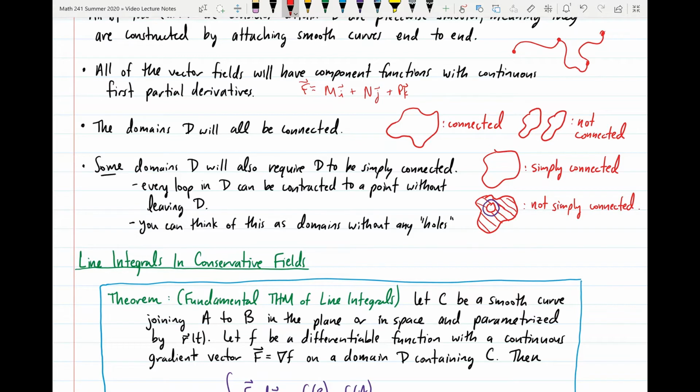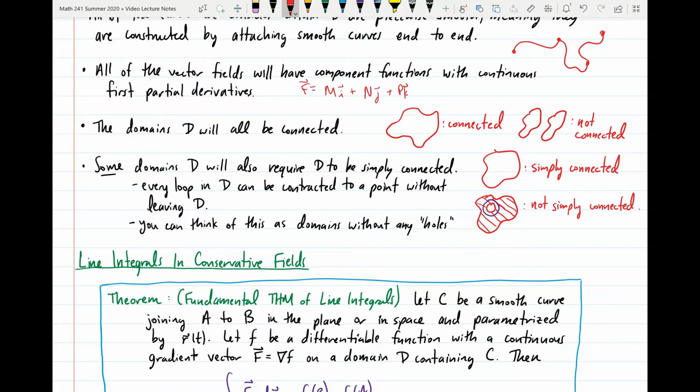So I've drawn little diagrams on the right here to talk about what connected means. I guess a nice intuitive way to think about it without getting into topology is that connected basically just means that we don't have a separation of regions inside of the domain.